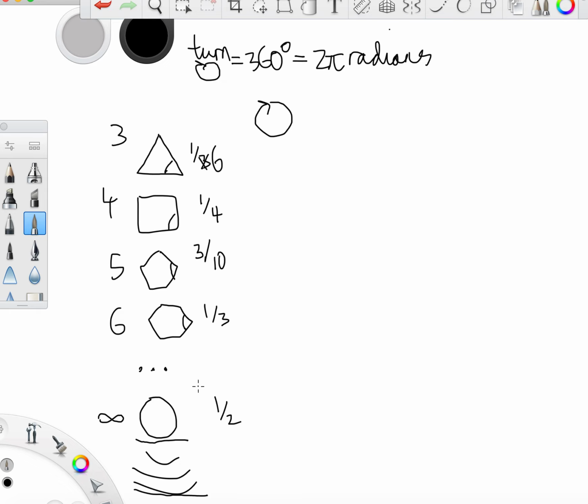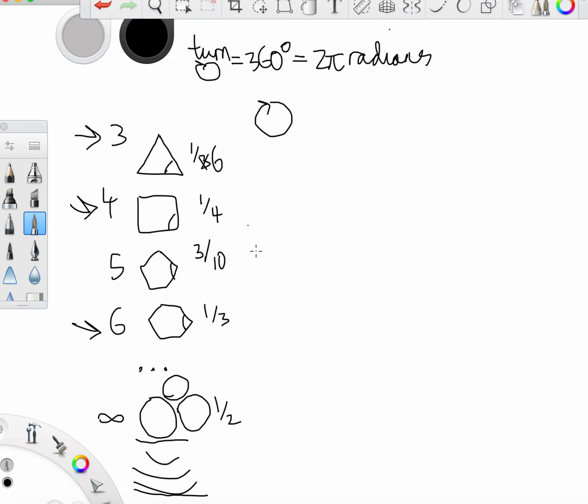To be honest, I'm not mathematically fluent enough to properly give you the reasons for the pattern that's emerging, where we have 1 over a number, 1 over a number, 1 over a number. These are the ones that work, and then for whatever reason it breaks when it comes to this. However, we can see very clearly that circles are not going to tessellate. There's going to be big gaps in between them.